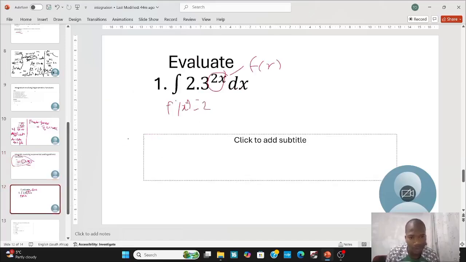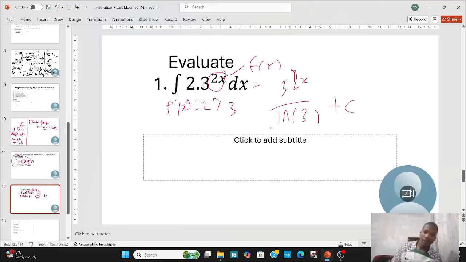Our a here is 3, so the solution for our integral is 3 to the power 2x all over the natural log of 3 plus c, right? Okay.